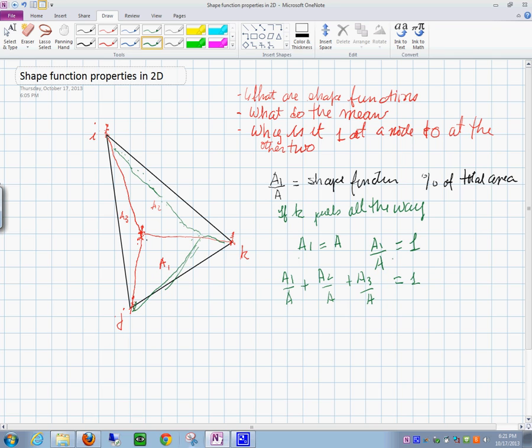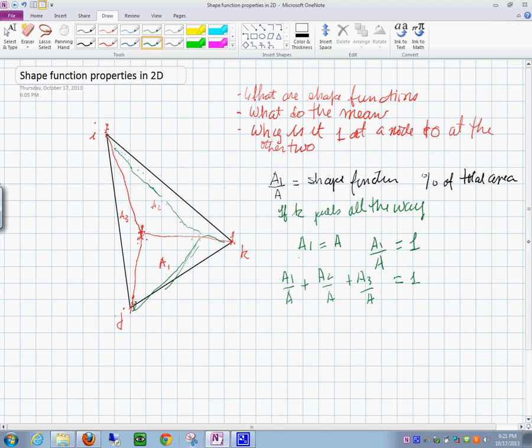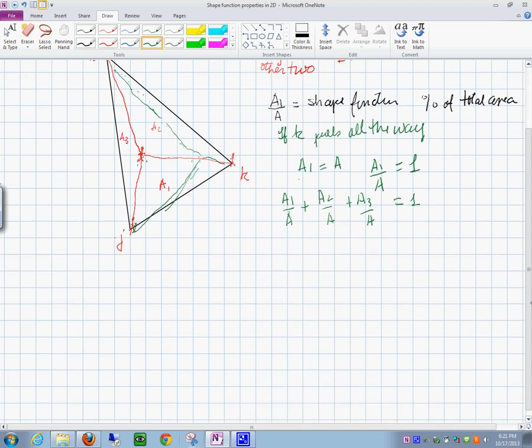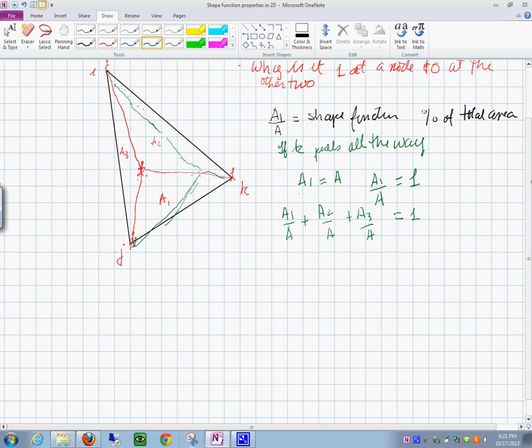So how would the plot look like? Let me show you something here.